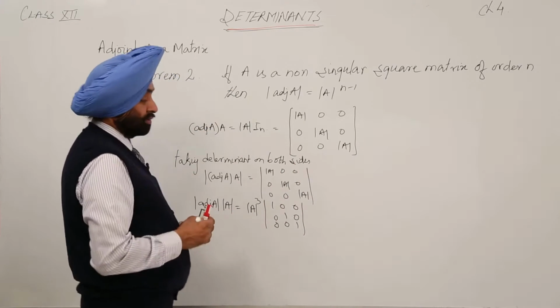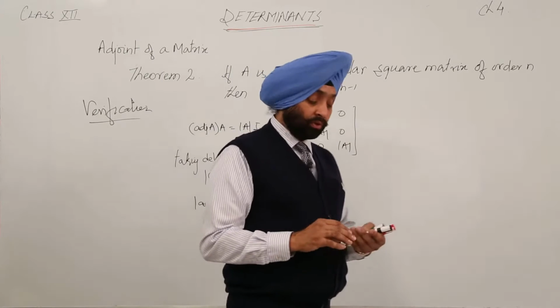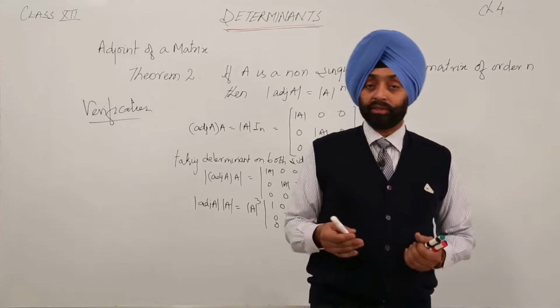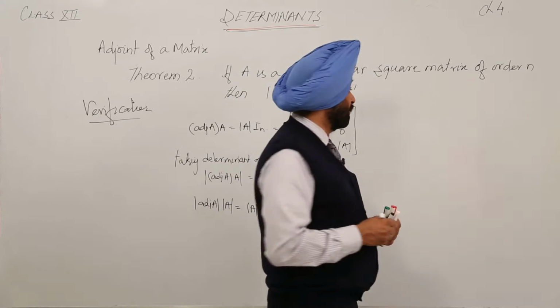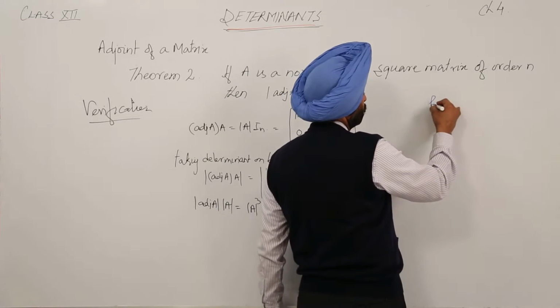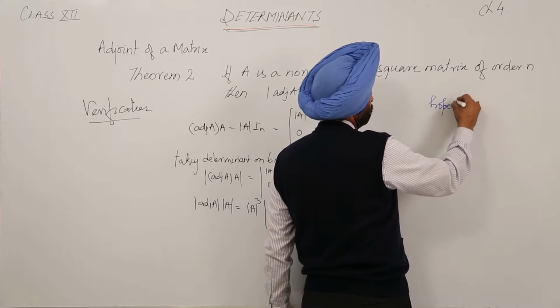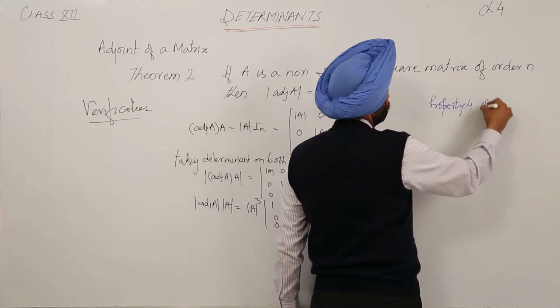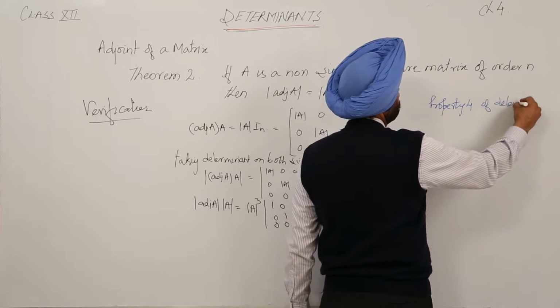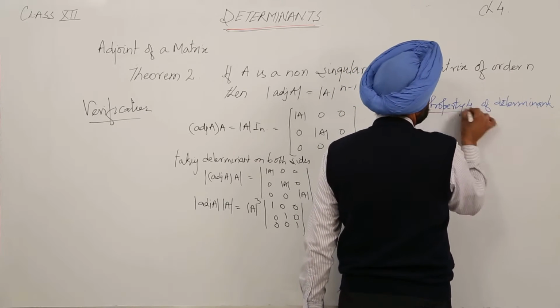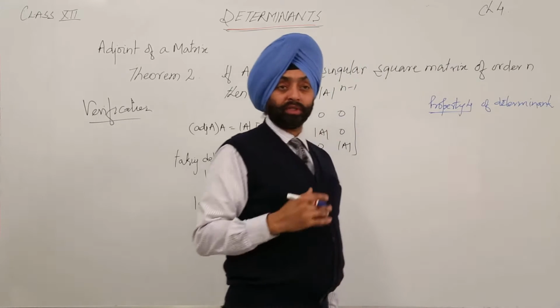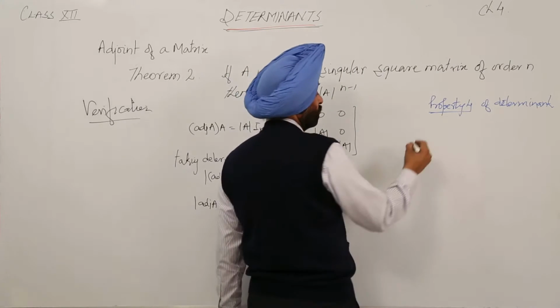Now what was this? If you have gone through the properties, we did property number 4 of determinants. We have already done this property. Property 4, what does it say?